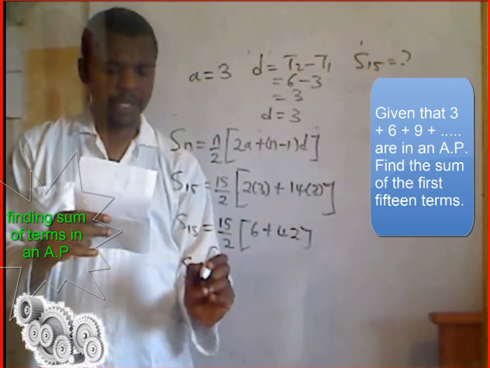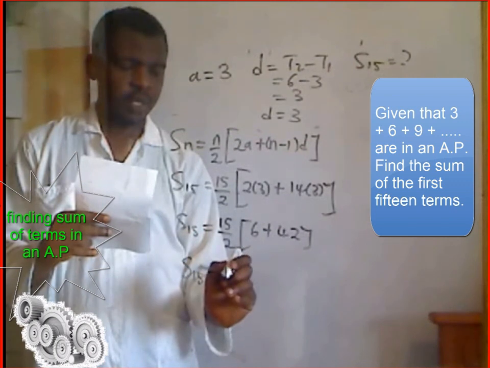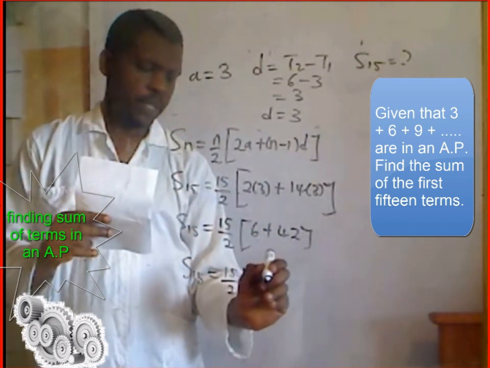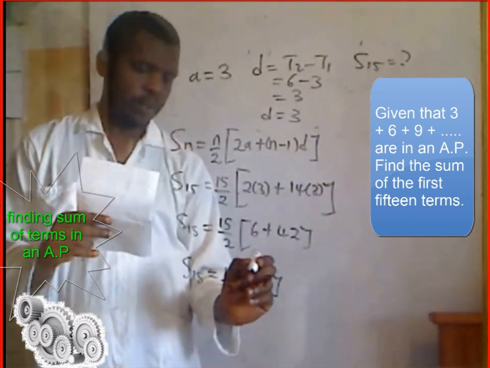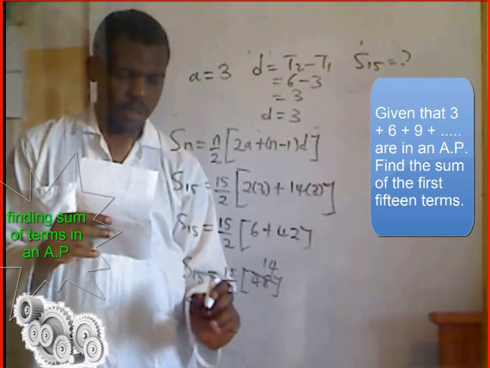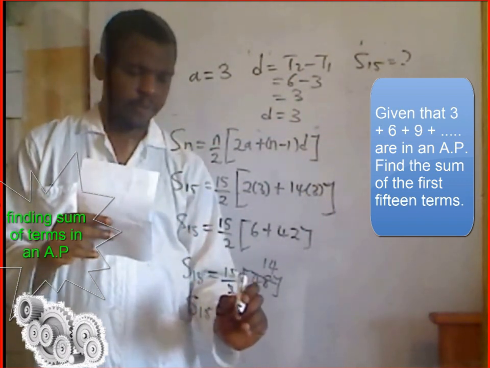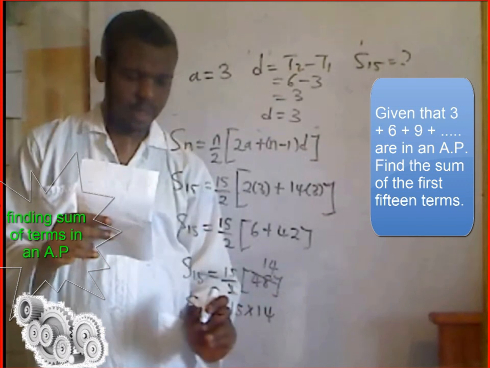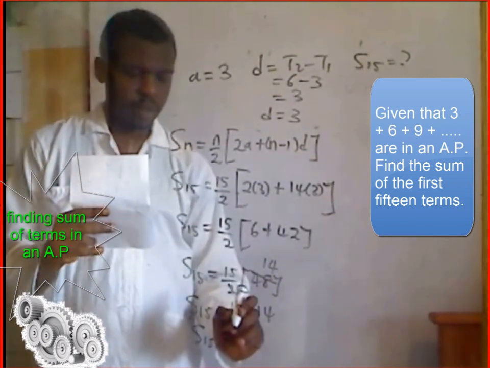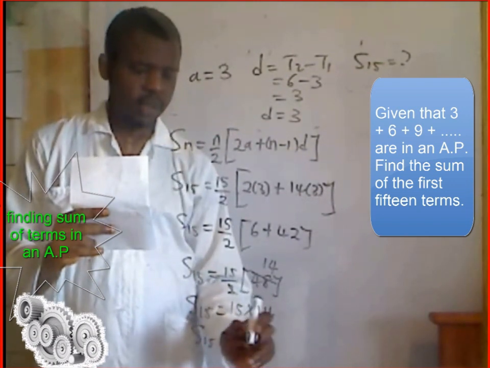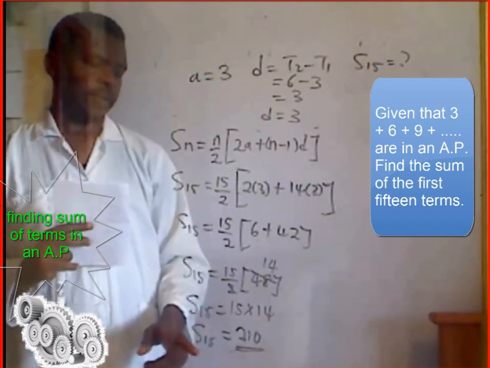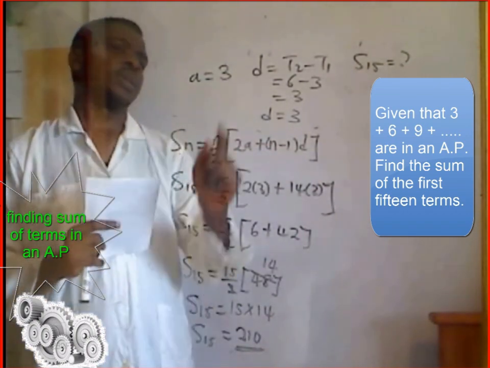The sum of the first 15 terms will be 15 all over 2 factor of 48. 2 goes there 24 times. The sum of the first 15 terms will be 15 times 14. This gives us 210. That is the sum of the first 15 terms in this AP.